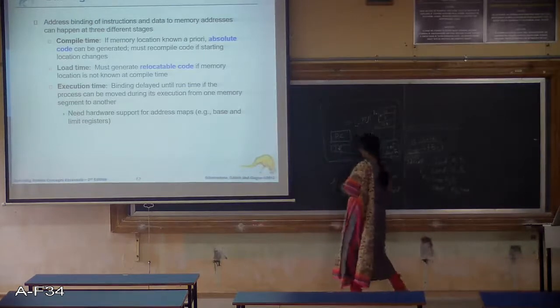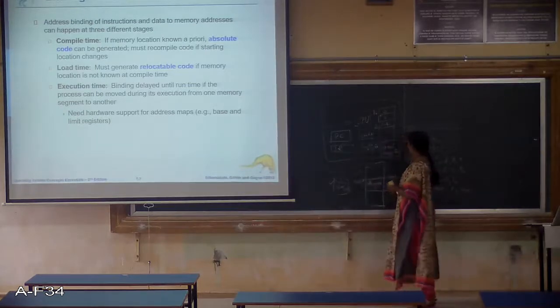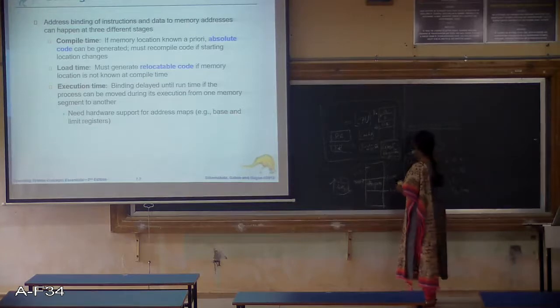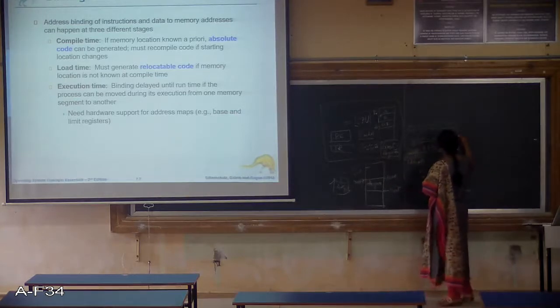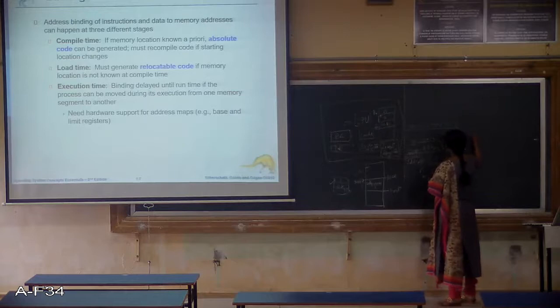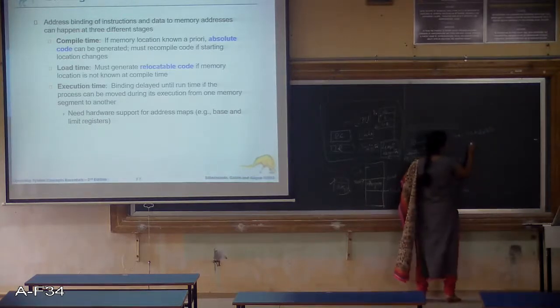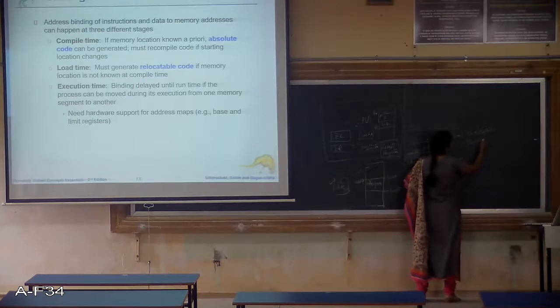Then at load time, the loader loads the program into the memory. At that time, this will get changed. If this program is loaded at a base of 3, that will get added here. Sum's address was 32. Now it will get added with the base.